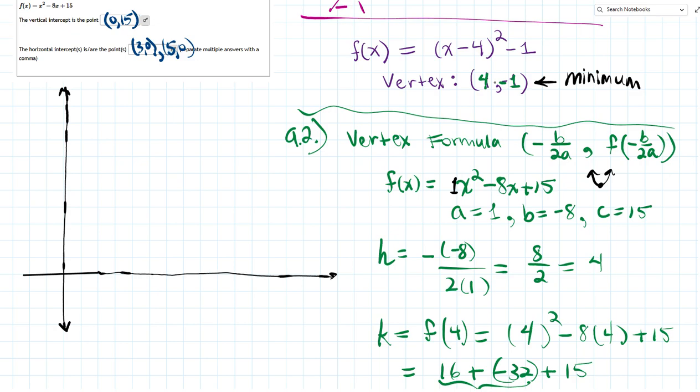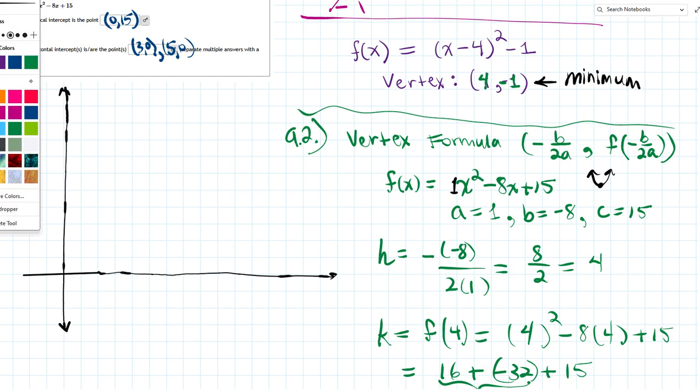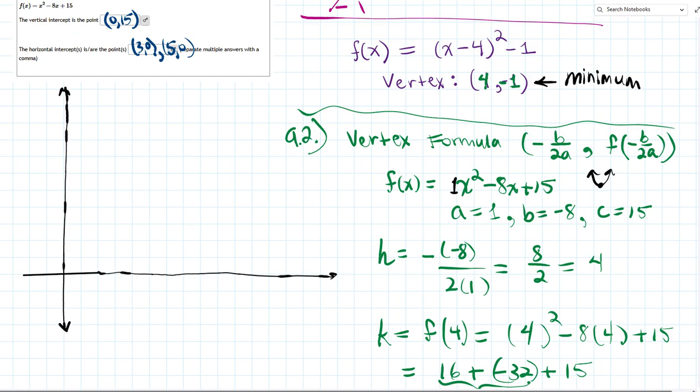All right, so my vertex at 4, let's get some green for this, I think. It's a good color to do here. So at x equals 4 and y equals -1 is our vertex. And then we found the y-intercept, which was at +15. Now, actually, I guess I'm going to need to come down even more.